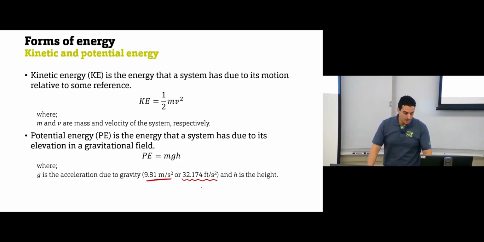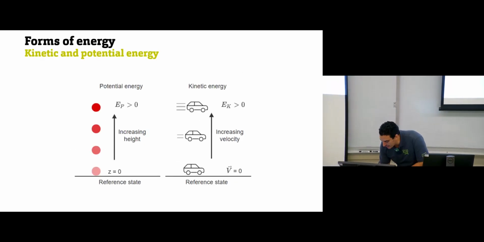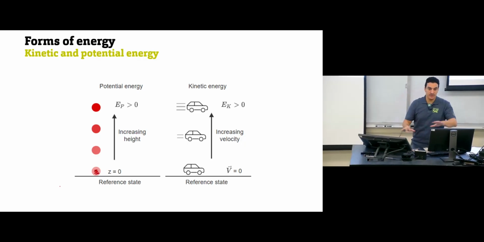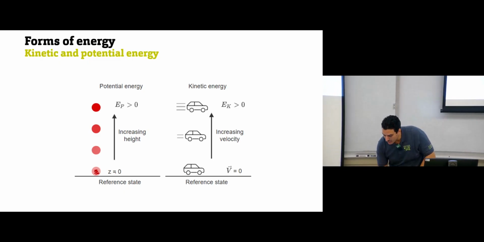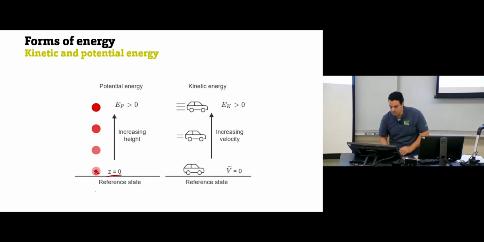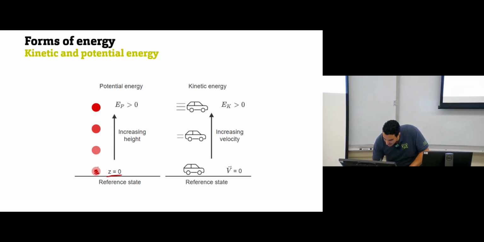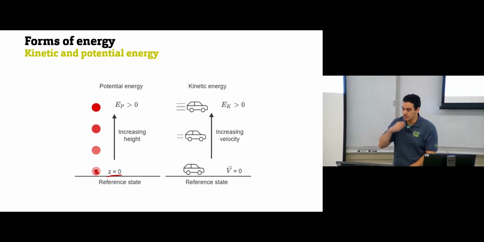We know that the potential energy is affected by the height. So if you have a body resting at sea level, or whatever you reference, Z or H is 0, so the potential energy will be 0. But as you go up, H or Z increases, so the potential energy increases.